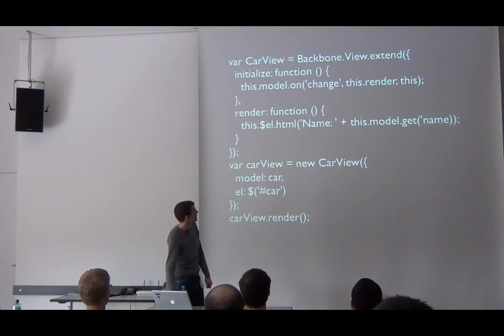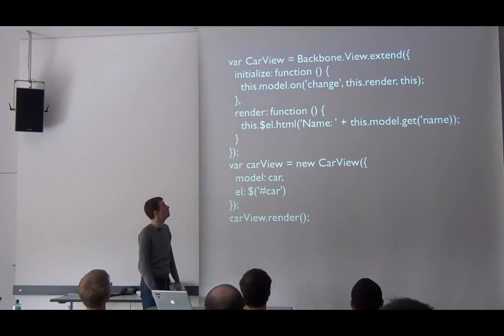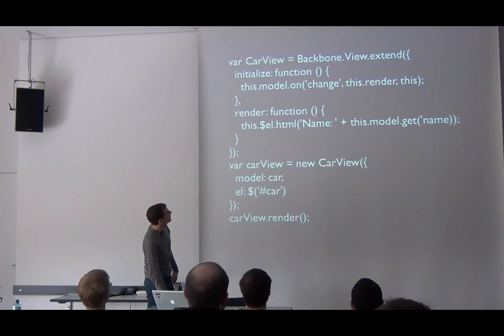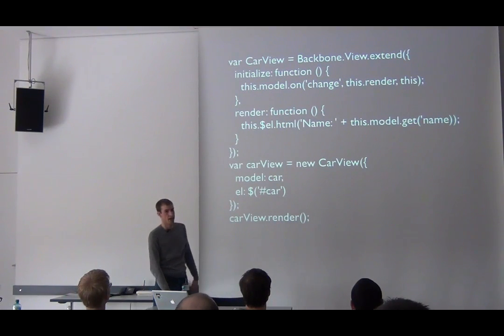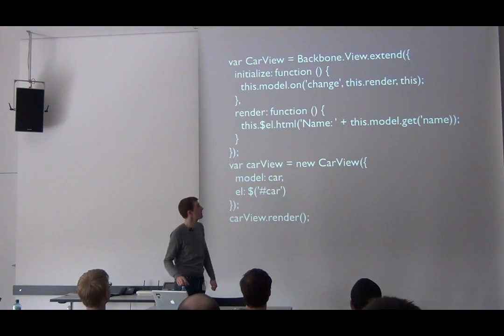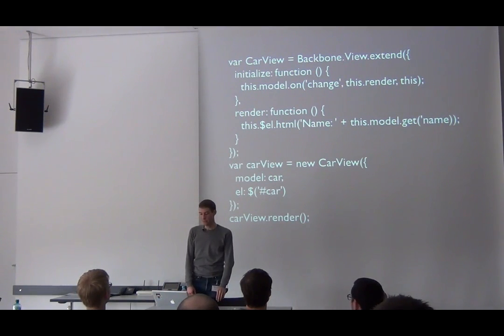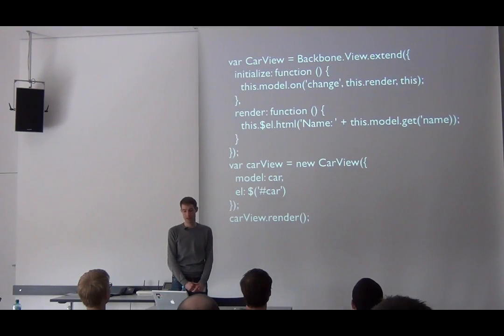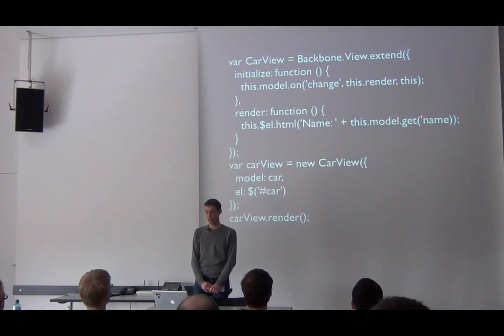So this is an example with our car. I'm not using a templating engine here, so it's simpler and easier to understand. Here's the render method. In the render method, I just set HTML with the HTML method. I say name, and then I get the name of the model.